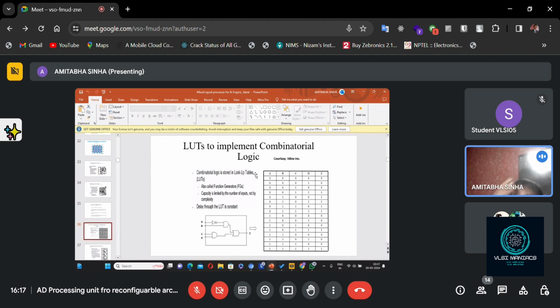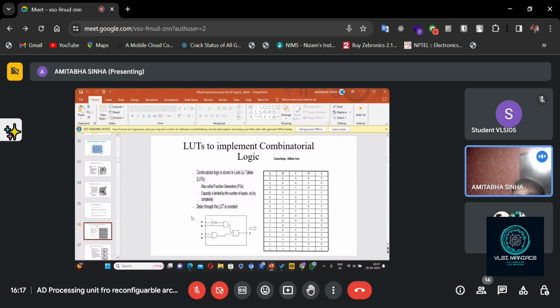So that means if we have a number of CLBs or LUTs, lookup tables, and some switches, just by connecting these switches and lookup tables, we can make the desired logic circuit. Within an FPGA, it's like that.